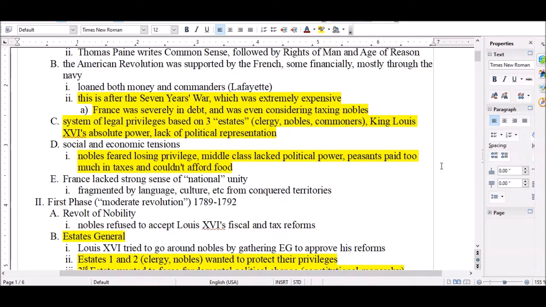At the upper end of the commoner group, you find the middle class, a relatively new group that has started to rise. This is an educated group.